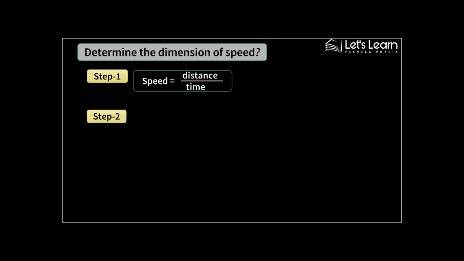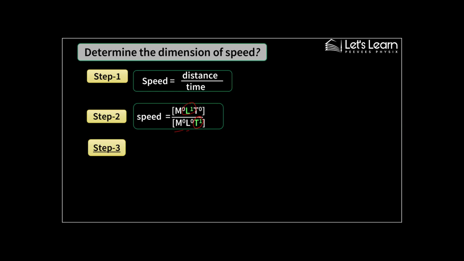Now, how do we find the dimension of speed? The first thing, you have to know the equation of speed, which is distance over time. Distance is a fundamental quantity, length, so just L, and for time, just T to the power of 1. To show that there are no other dimensions like mass, we just put 0.